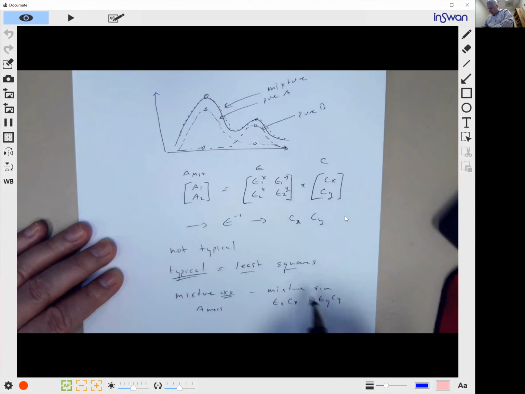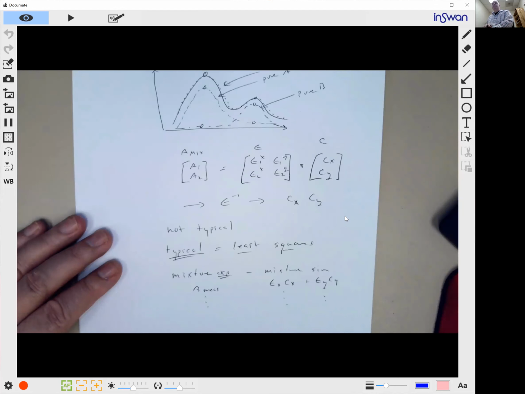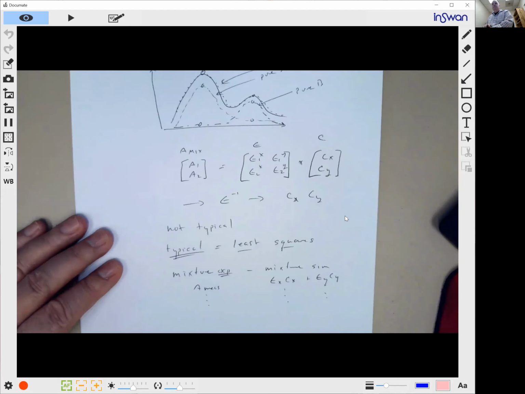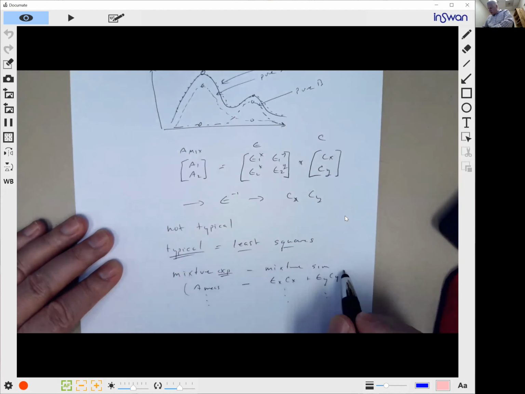You'll have this at a whole bunch of different wavelengths. What you're going to do then is take the difference between these two, square it, and add it up.